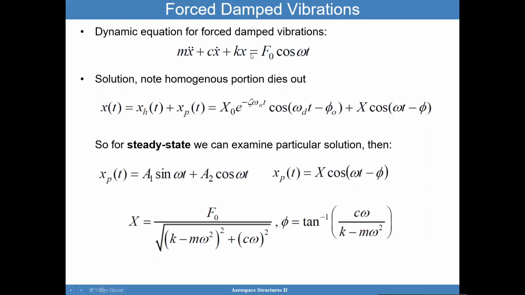And I will note that the solution is going to be made up by a homogeneous portion plus a particular solution. And the homogeneous part of the equation is this one here. And the particular solution to this equation is this one on the right, where x and phi need to be found. And that can be found very simply by substituting this into this top equation. But what I want you to notice here is that as time grows, as t becomes large, e to the minus whatever is here will become closer and closer to zero.